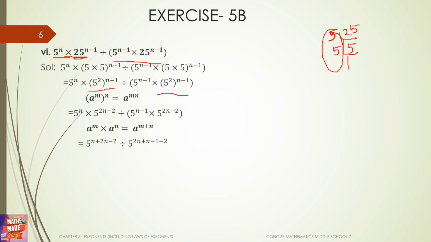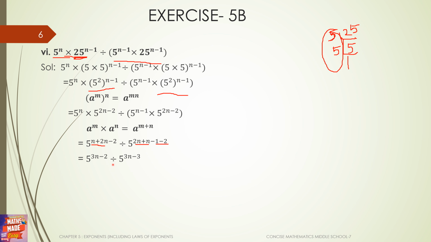Now just add all the n terms. You can add this n term and this integer. So 5 to the power of 3n minus 2 divided by 5 to the power of 3n minus 3, since both are a minus sign, so just put a minus sign and add it. So it will be minus 3.